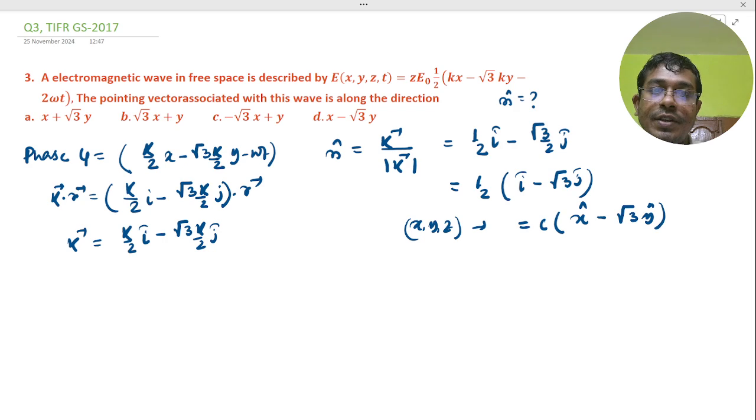So our answer would be x minus root 3 y, x minus root 3 y.